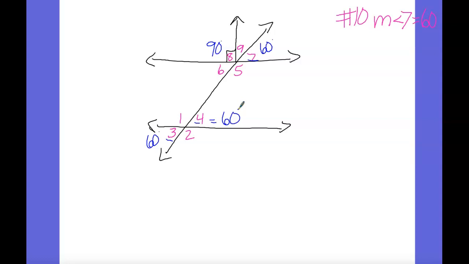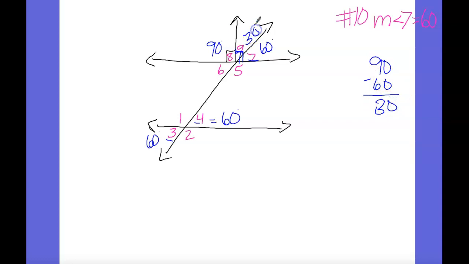So these two right here make a right angle, correct? So if this one is 60, 60 plus what gives you 90? Or 90 minus 60 gives me 30. So the measure of angle 9 is 30.